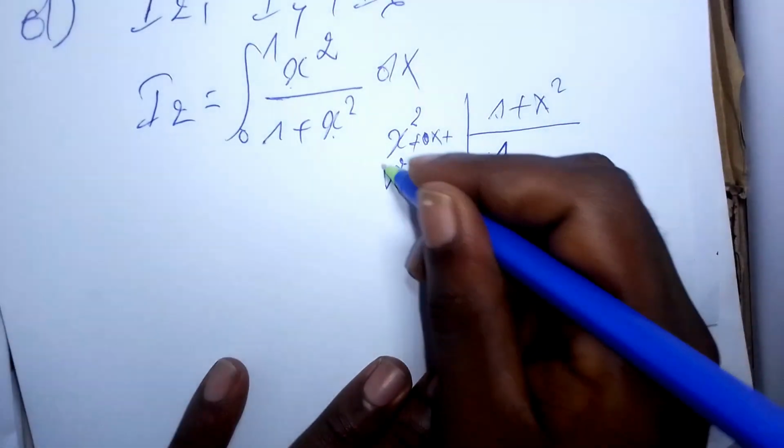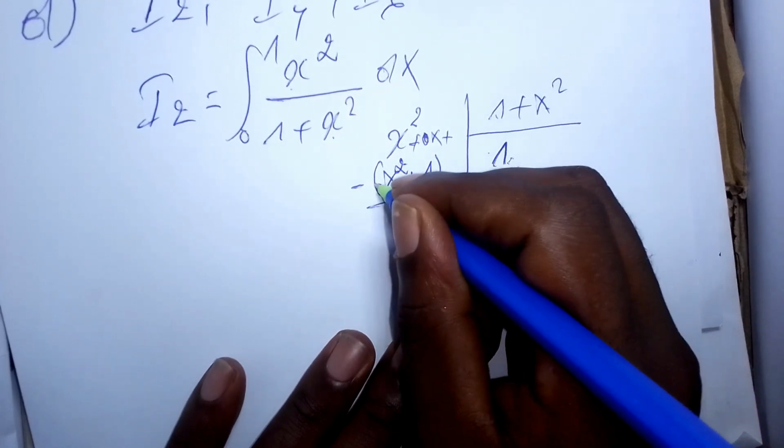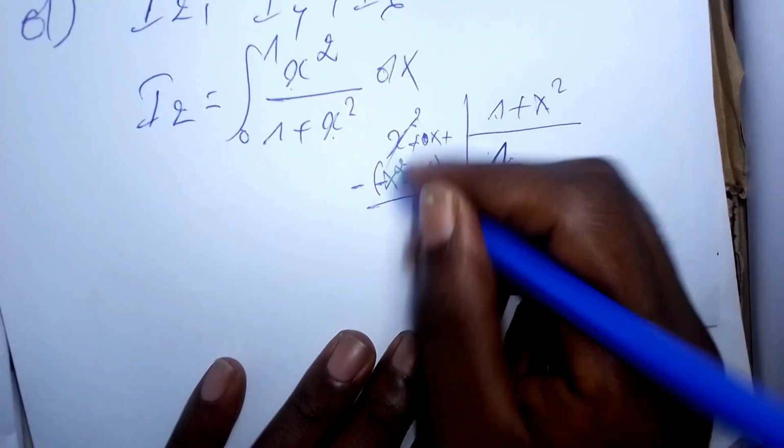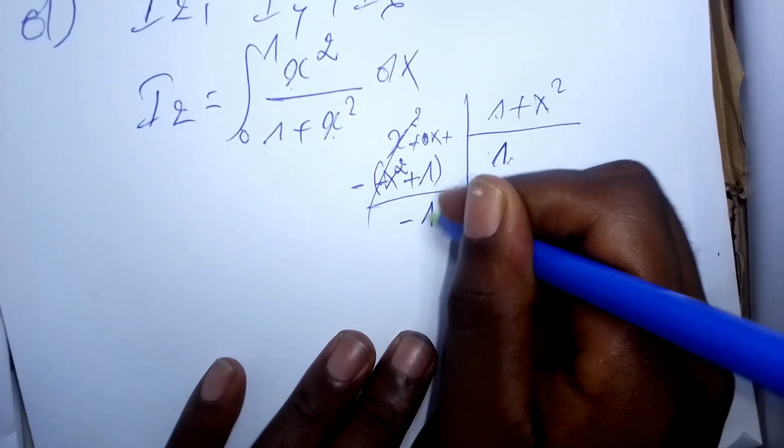We multiply with a negative, cancel this, and we remain with negative 1.